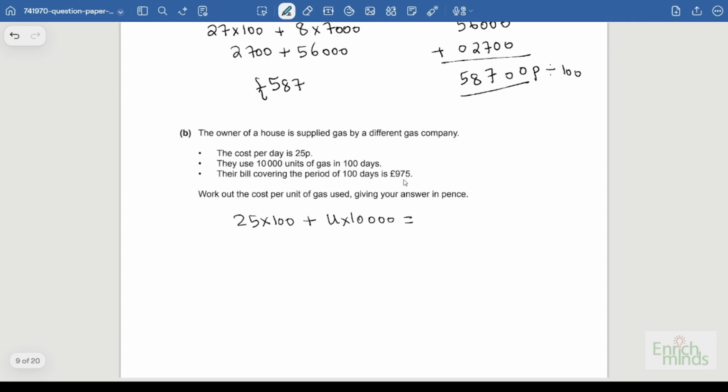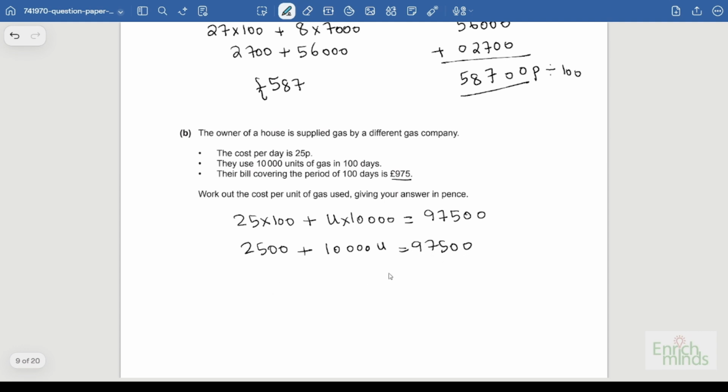So now this is equal to 975 pounds. Since I'm using all the values in terms of P, I'm converting this also in P. So this will be 2500 plus 10,000 U is 97500.